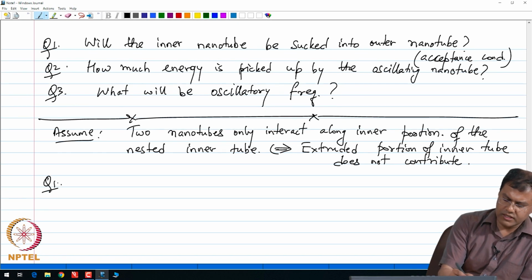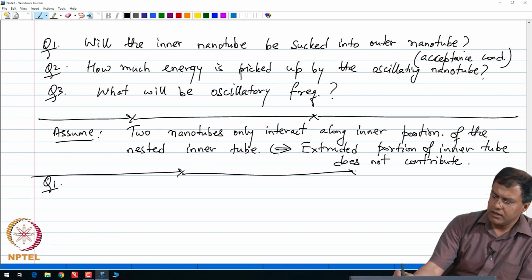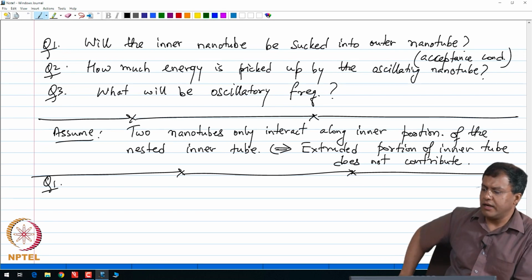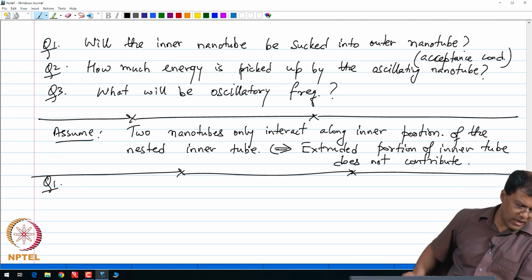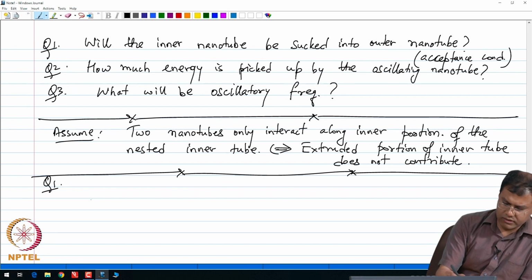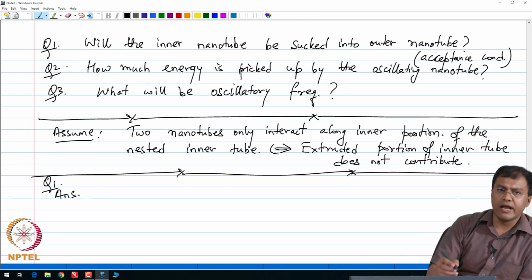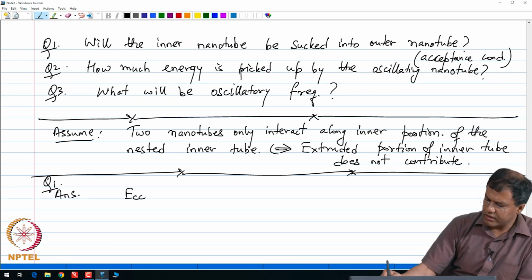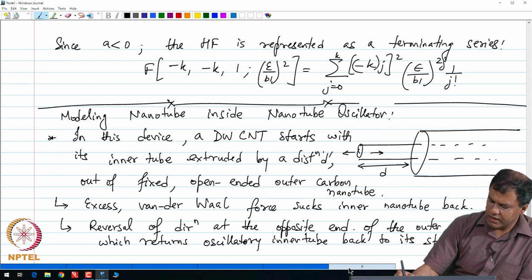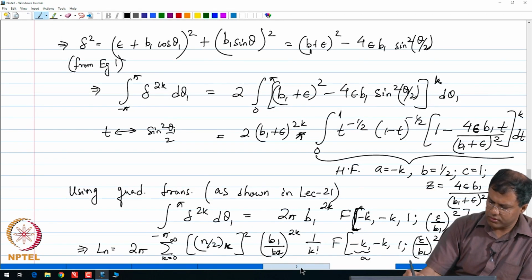So, the first question is the acceptance criteria: will the nanotube be sucked into the outer one? And the answer is yes, as long as the interaction energy is negative, or attractive, right. So, the answer to this question is, we need to consider the sign of the interaction energy. So, consider E_CC. Notice that we have evaluated the interaction of these 2 nanotubes.